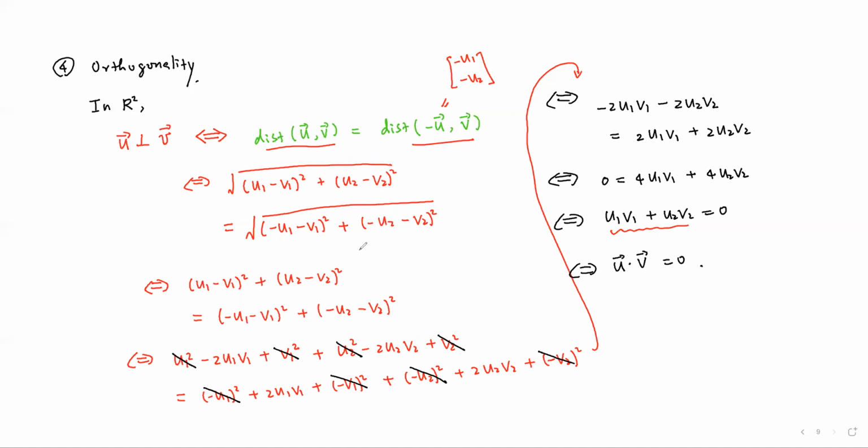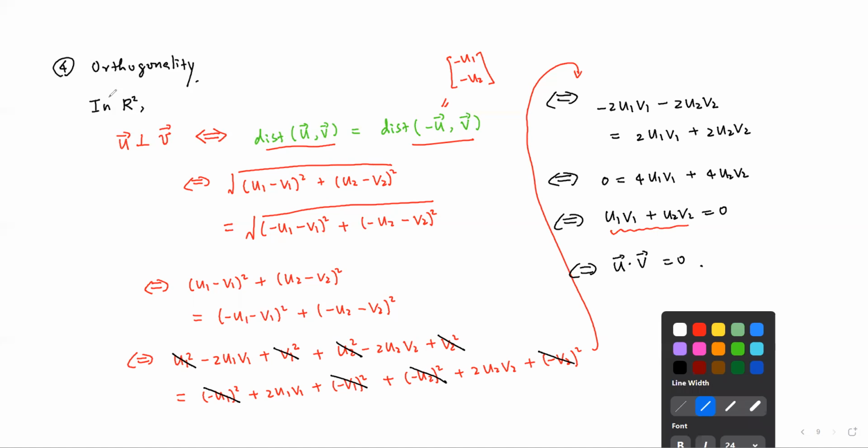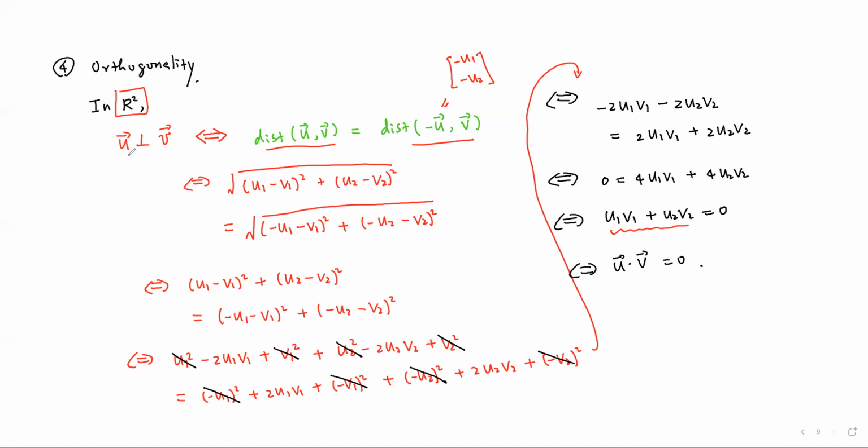So in R2, two vectors are orthogonal if and only if the inner product of the two vectors is 0.